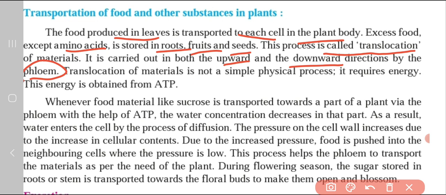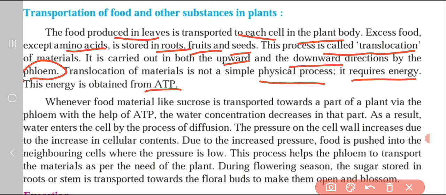Translocation of materials is not a simple physical process. It requires energy. This energy is obtained in the form of ATP. What is this ATP? These are the energetic molecules present in plant as well as in animal body. Its full form is adenosine triphosphate.